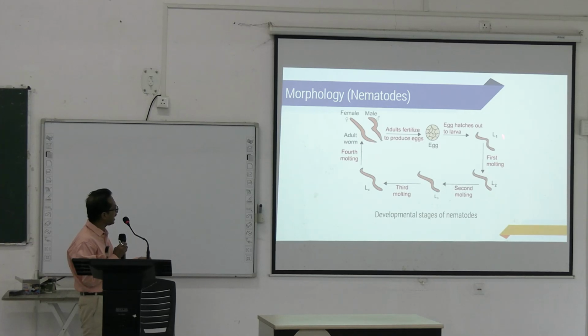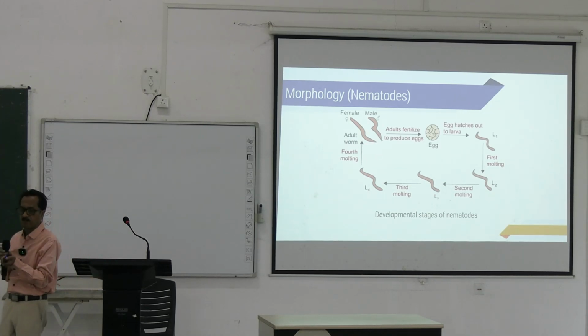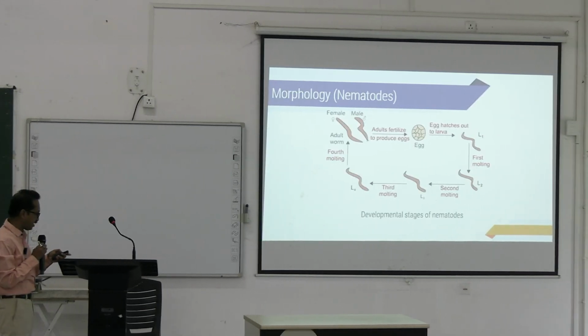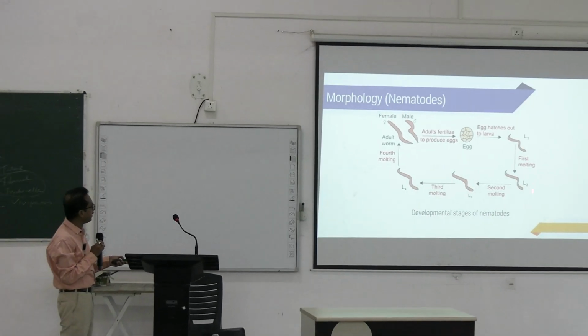These 4 moltings occur at different stages, it may be in the soil, it may be in our body, and it is different for all nematodes. It is not the same, but you should remember the term molting.